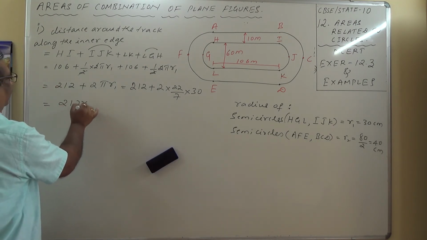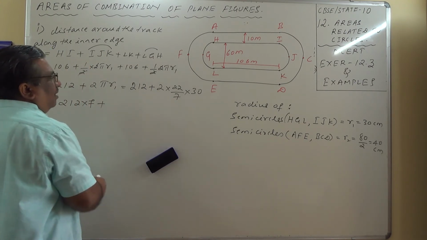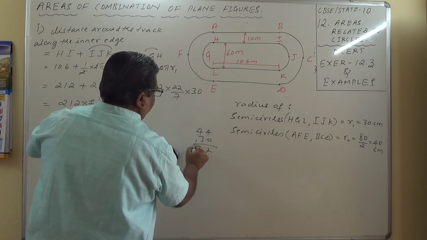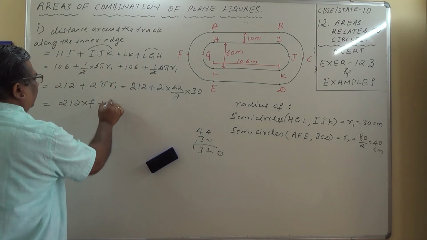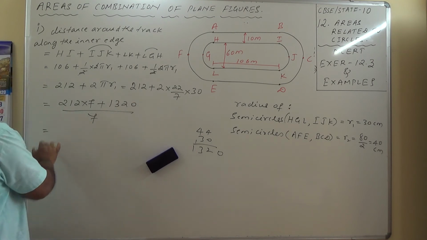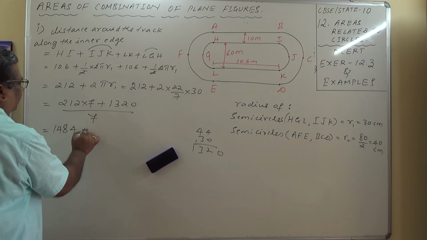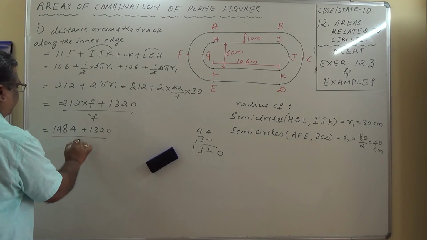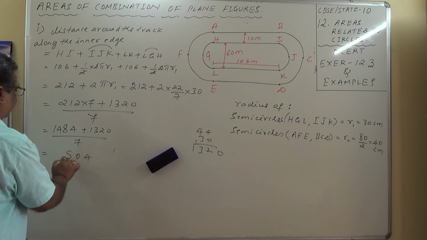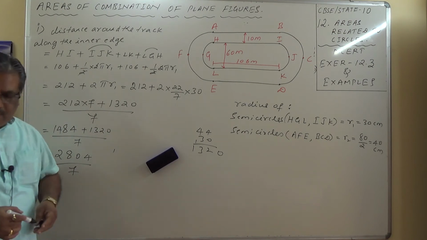So 212 into 7 plus 44 into 30, 1320 divided by 7, which is equal to 1484 plus 1320 divided by 7, which is 2804 by 7.